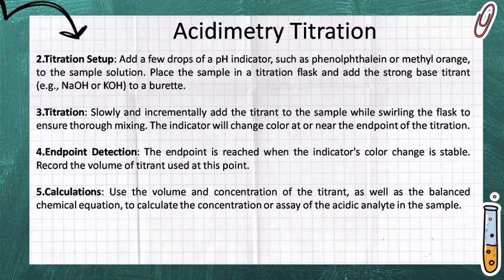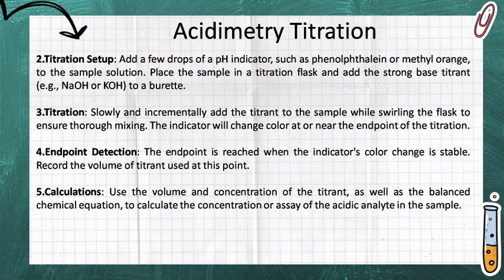Second, titration setup. Add a few drops of a pH indicator, such as phenolphthalein or methyl orange, to the sample solution. Place the sample in a titration flask and add the strong base titrant, for example NaOH or KOH, to a burette.